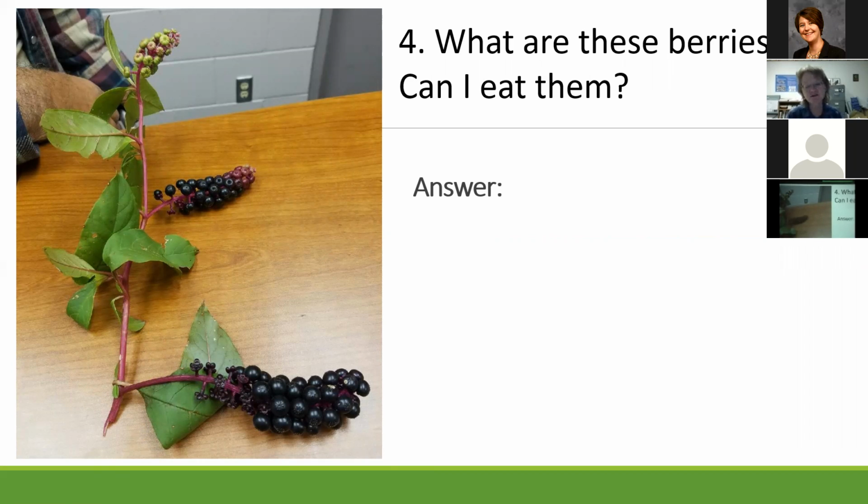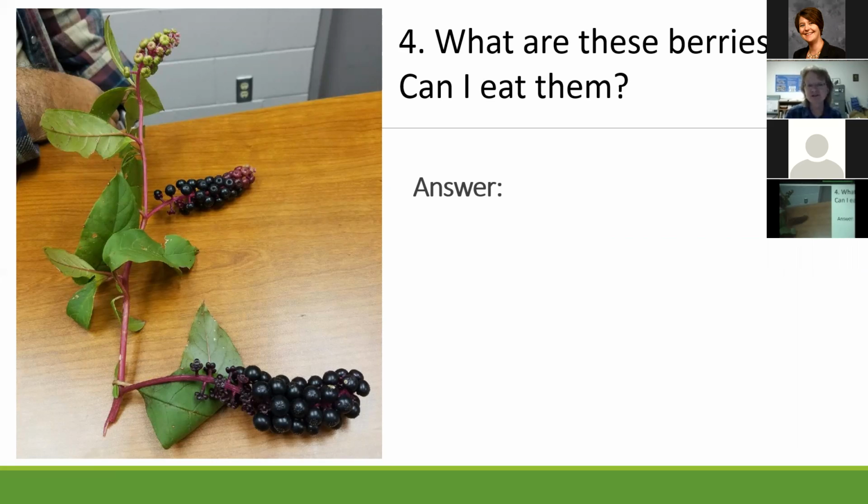This is one of those native plants where, if you read more about it, you will read that certain parts of the plant at certain times of the year were eaten by pioneers and Native Americans, but it had to be prepared correctly. As a general rule, we would tell people it's a weed and it is toxic. So no, do not eat those berries.